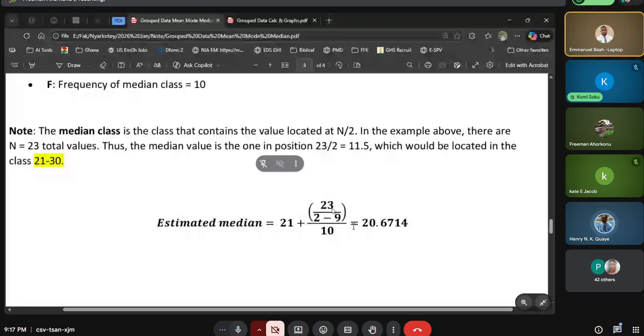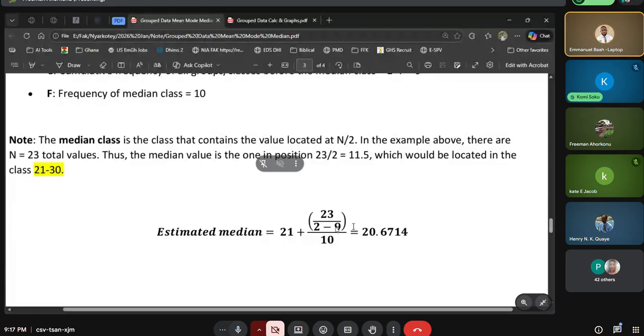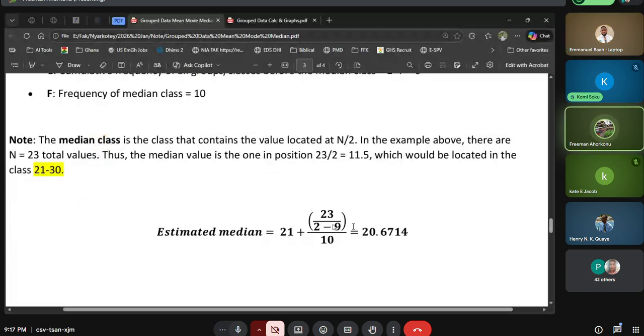Please, can we go back to see the first one? Which one is giving you the problem? Is it this one?